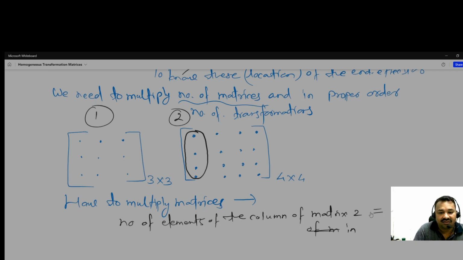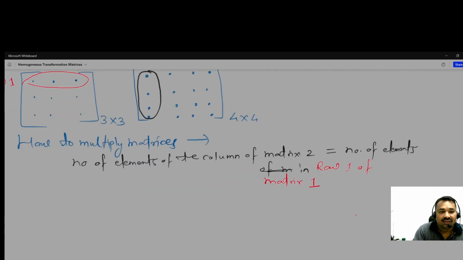Okay, means we are talking about this row, row 1, and this column 1 of the second matrix. So once again, the number of elements of the column of matrix 2 must be equal to the number of elements of row 1 of matrix 1. Then only we can multiply.